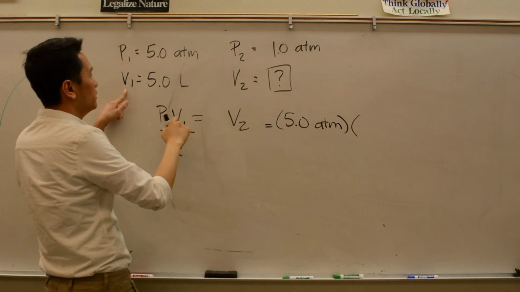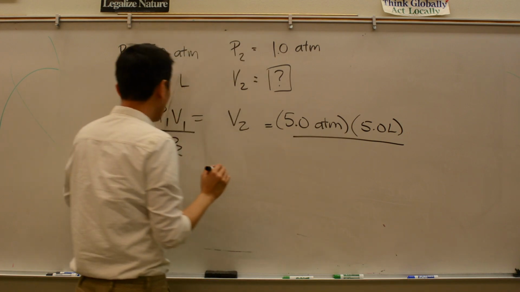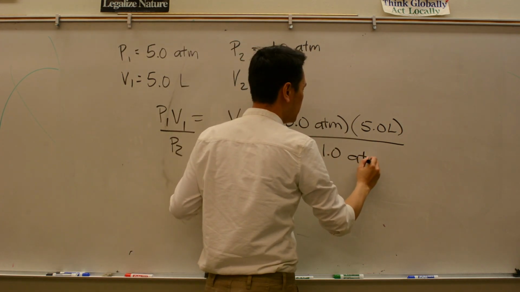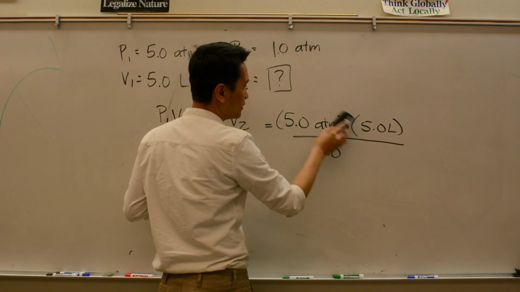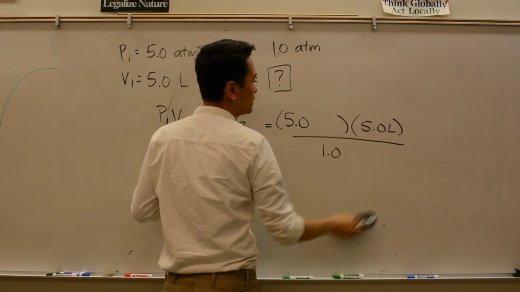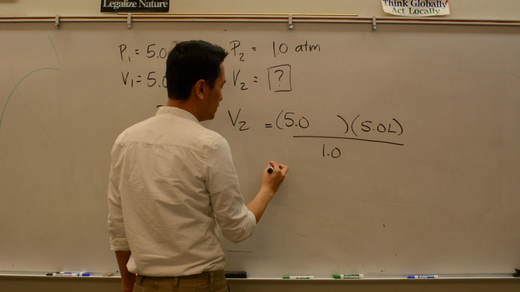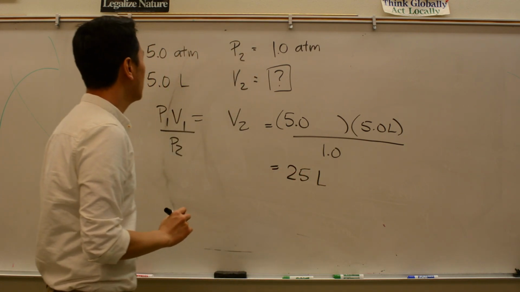V1 is 5 liters. P2 is 1 atmosphere. Okay? Atmospheres and atmospheres cancel each other out, giving you liters in the end, which is good. So 5 times 5 divided by 1 is 25 liters.